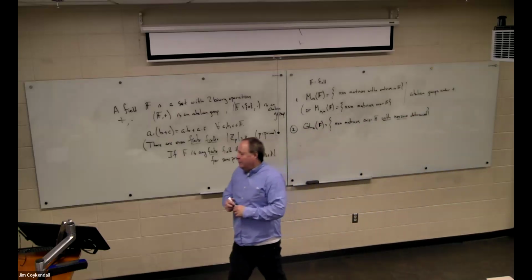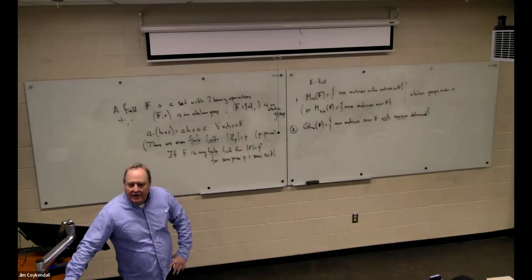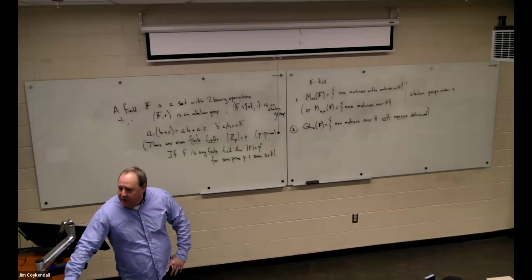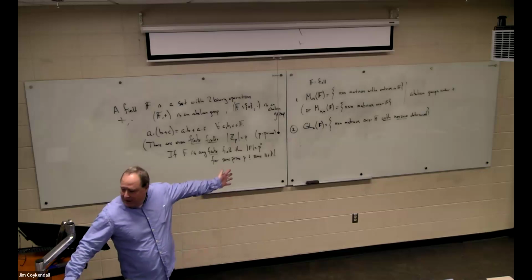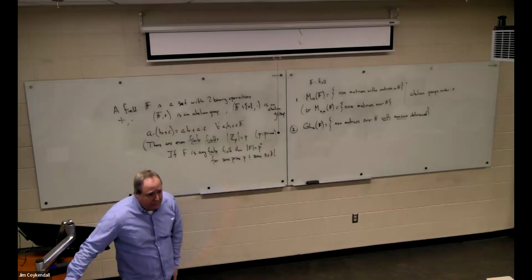GL stands for general linear. That's just the notation used for that. But what I mean is N by N matrices that have a non-zero determinant. Another fancy way of saying that is N by N matrices that are invertible, right? And so I'm saying right out of the gate that these things all have multiplicative inverses, right?